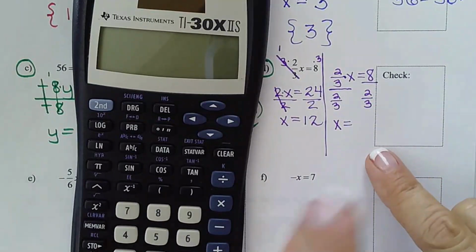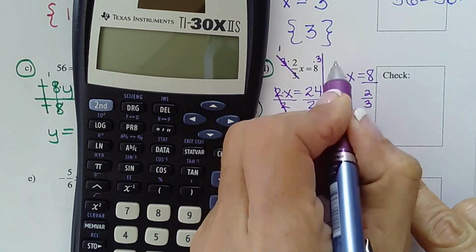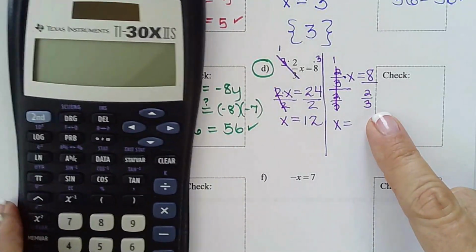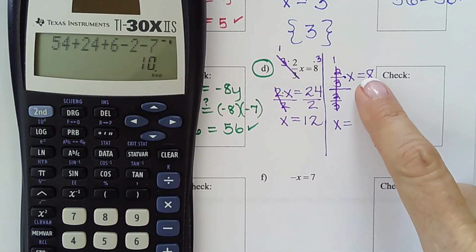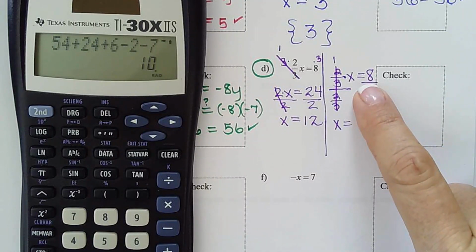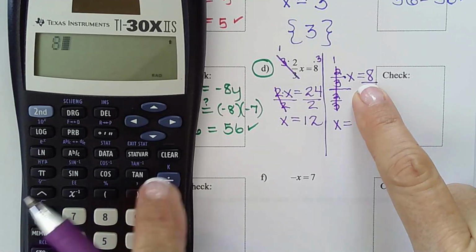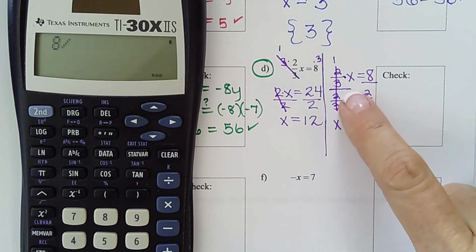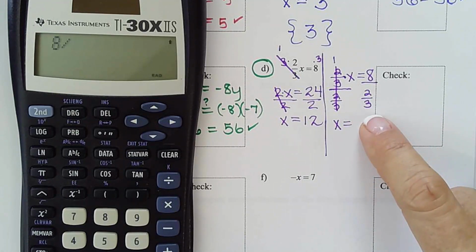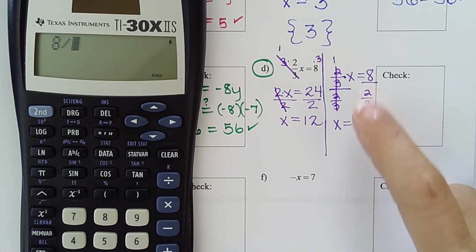So 2/3 divided by 2/3, I know everybody knows that's 1. So watch how I type this in so that you make sure you do it correctly. So this is 8 and this is a division sign. So 8 division sign. Then I do the fraction bar here. You can't do double fraction bar. So this is division.